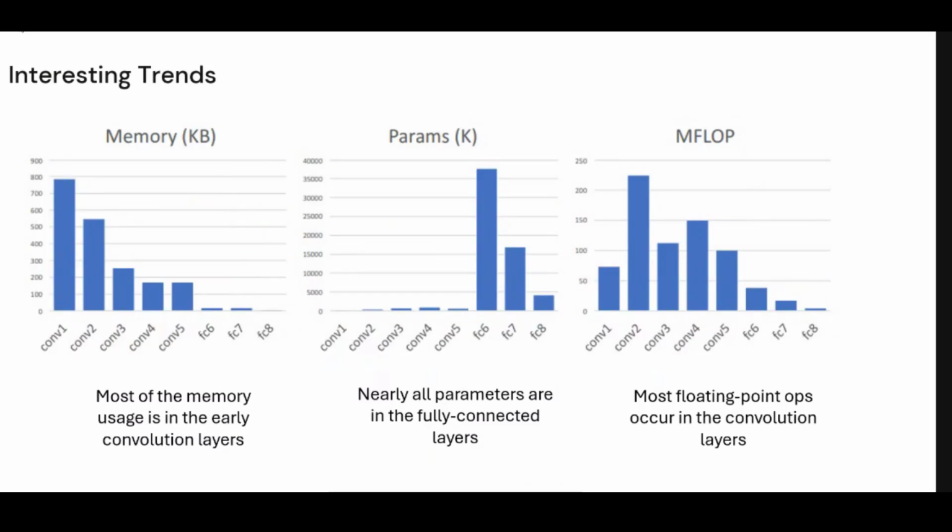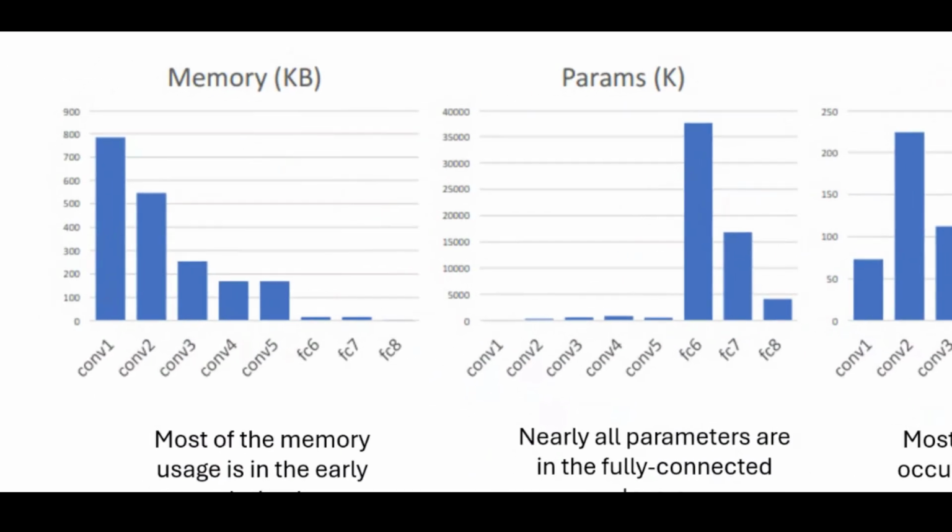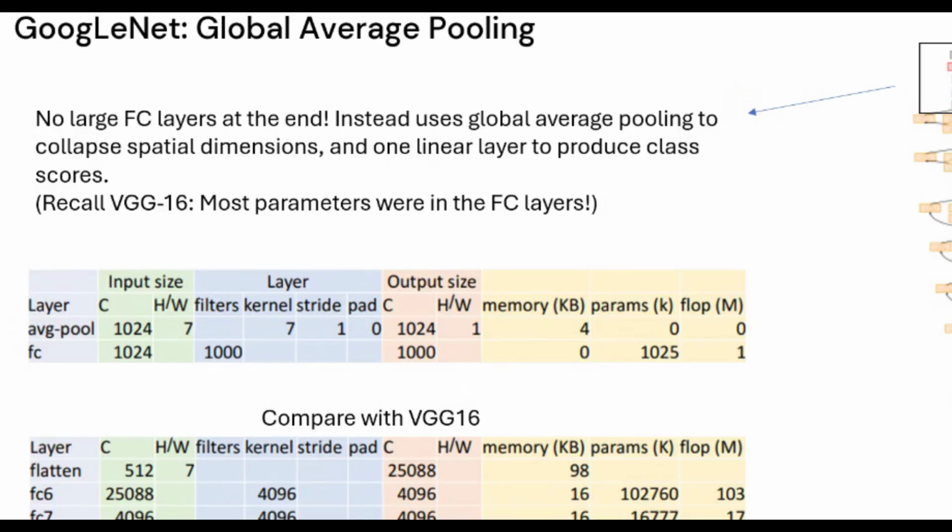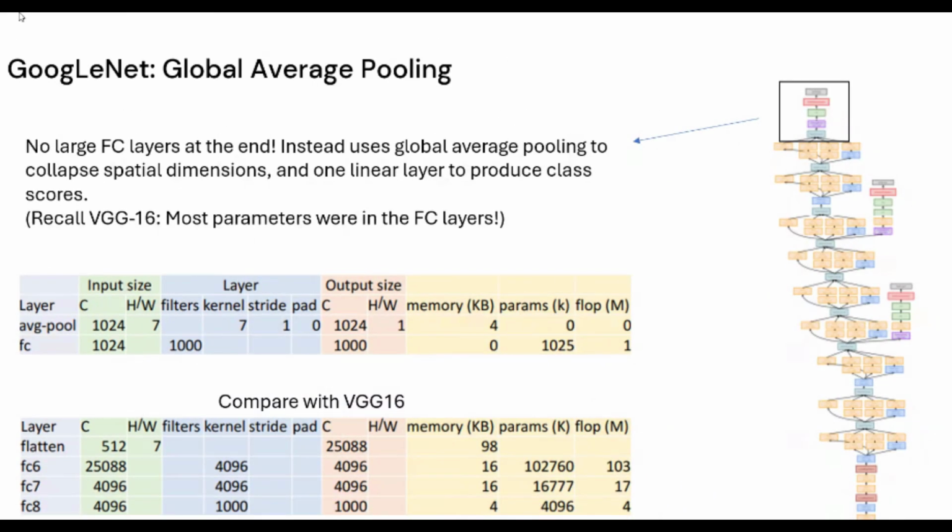So we have 64 grids of 128 cross 128. What GAP, which is global average pooling, does is that it averages over the grid. If we have 64 cross 128 cross 128, after this pooling operation, we get 64 cross 1 cross 1. So for every grid, we get a single value, right? So it highly decreases the number of parameters used and the memory consumption as well.